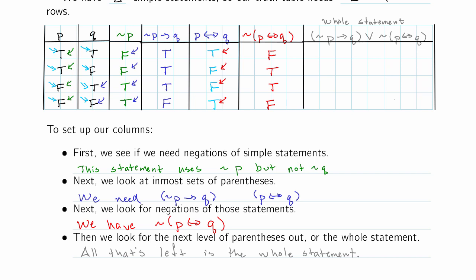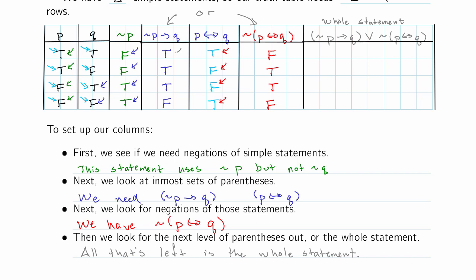What is this whole statement? It is this column, not P then Q, or this column. I'm going to do OR to the truth values in those two columns. OR is true if at least one of them is true. It's false if they're both false.